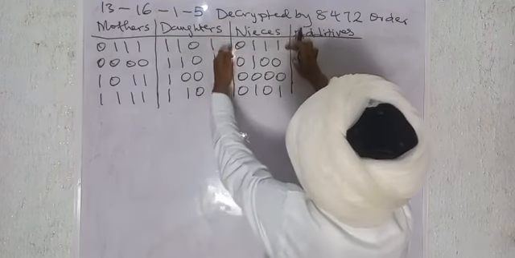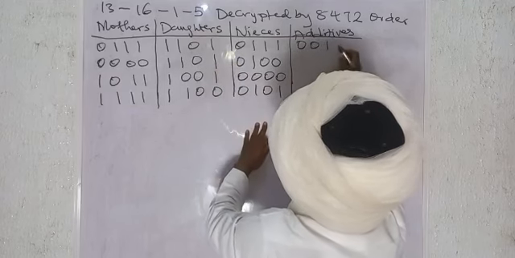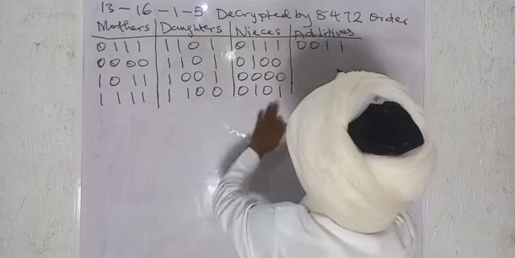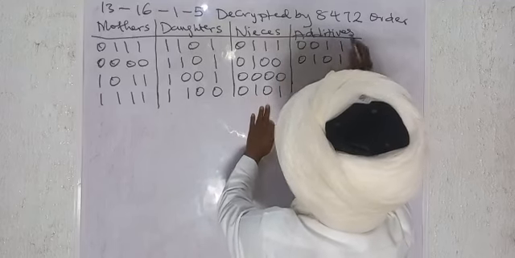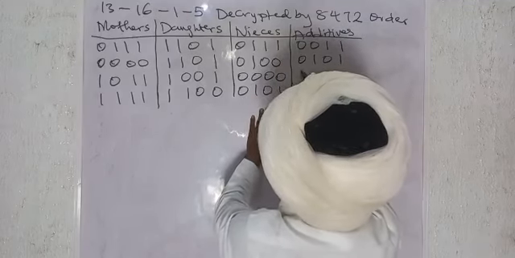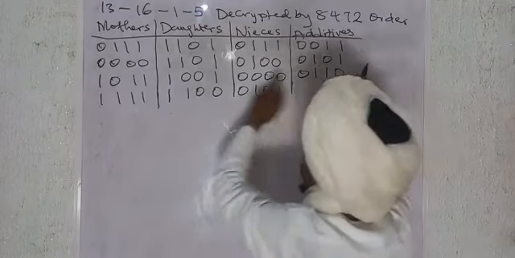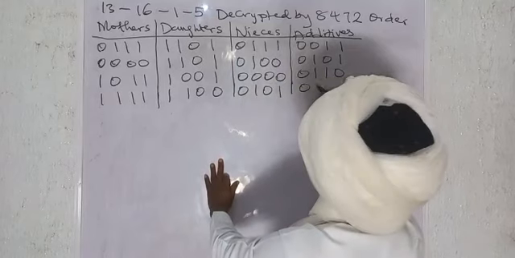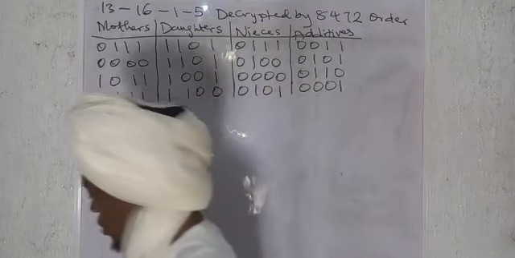Now add 9 and 10. 0, 0, 1, 1. Add 11 and 12. 0, 1, 0. Add 13 and 14. 0, 1, 1, 0. Add figure 15 and 1. 0, 0, 0, 1. The table is complete.